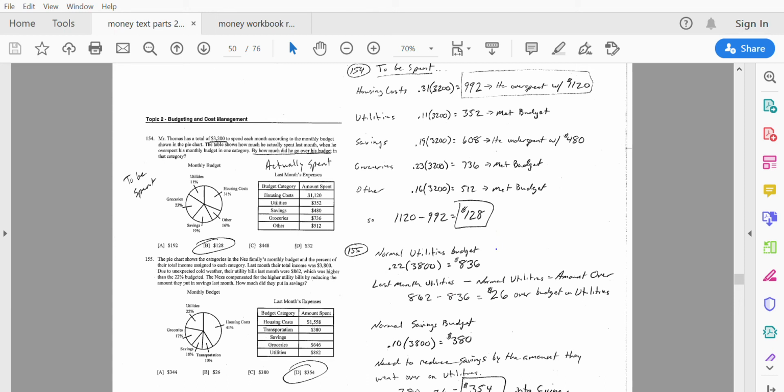Now they went $26 over on utilities, so they're going to go $26 under on the savings. So they were going to do $380. They're going to take 26 away from that. So what they end up saving, putting into a savings account, is $354, letter D.